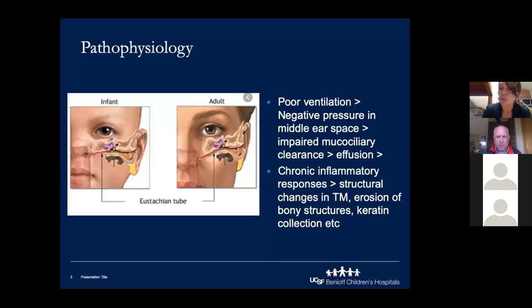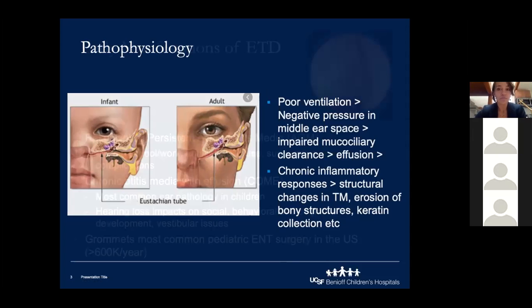This plus the obstruction can cause a chronic effusion that has a lot of inflammatory mediators in it, and due to an inflammatory response, there are actually structural changes in the TM that weaken it over time. There's also erosion of the bony structures from all of these processes, as well as collection of keratin and the possibility of cholesteatoma from all of these mechanisms. So we'll go into a little more of this and how it applies clinically and surgically.